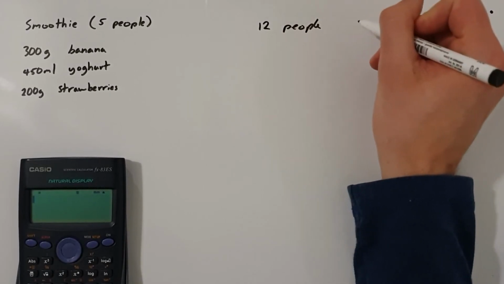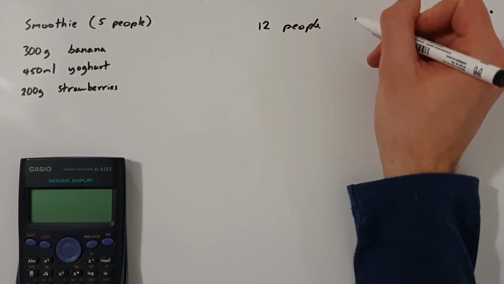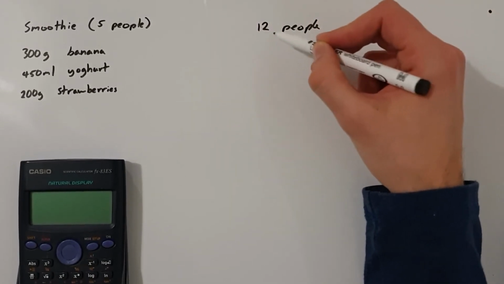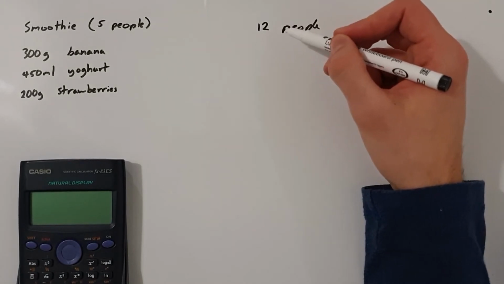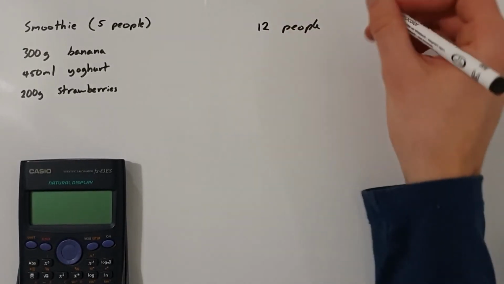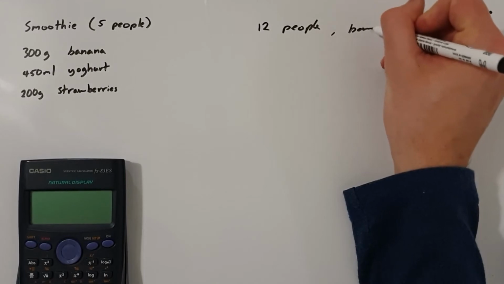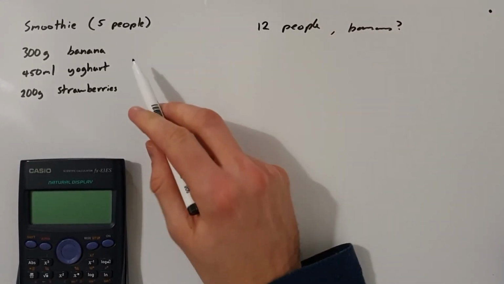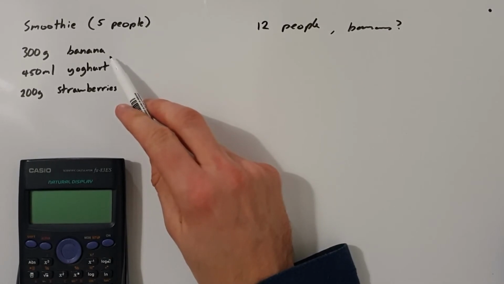All we have to do is remember our rule, and that is to divide for 1 and then multiply for however many we need. So let's do that with bananas. How much banana do we want? That is our question. So we take our 300 grams of banana.